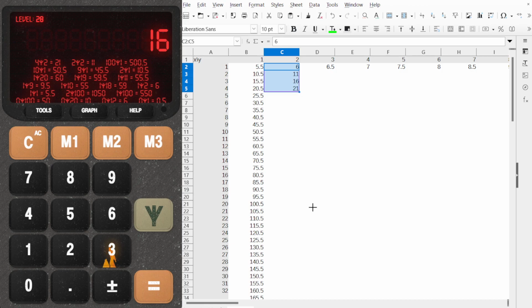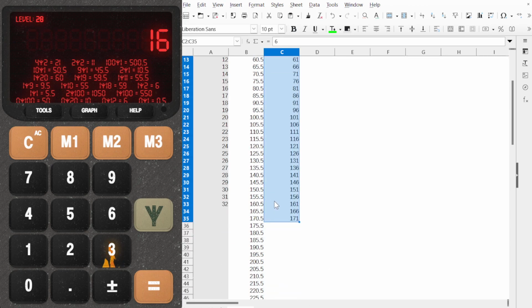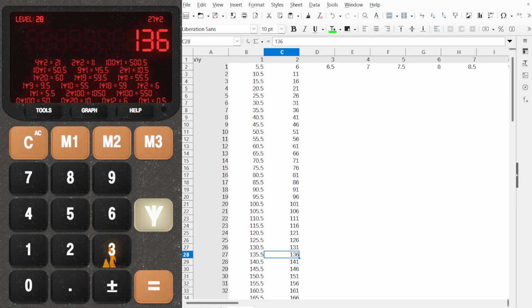Let's expand this a little bit. So the expectation is that 32 and 2, let's say 28, 27 and 2 should go for 136. 27. Yes, okay. 6.5.